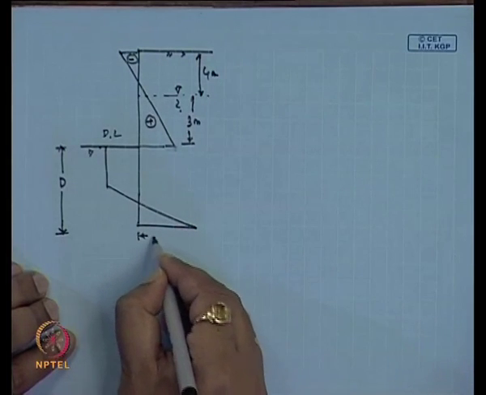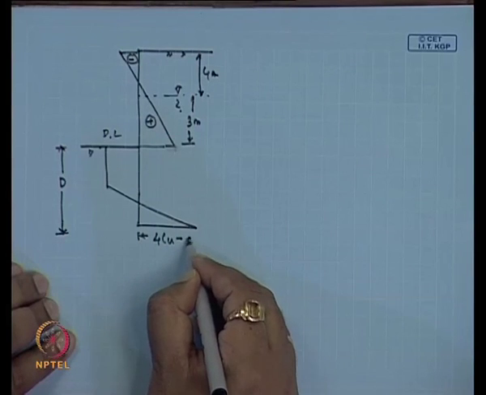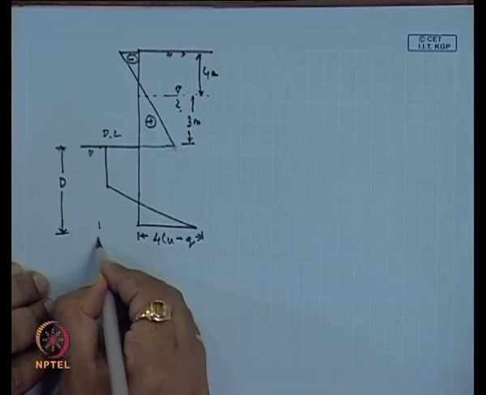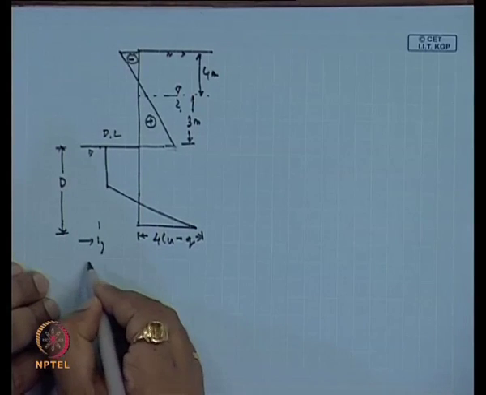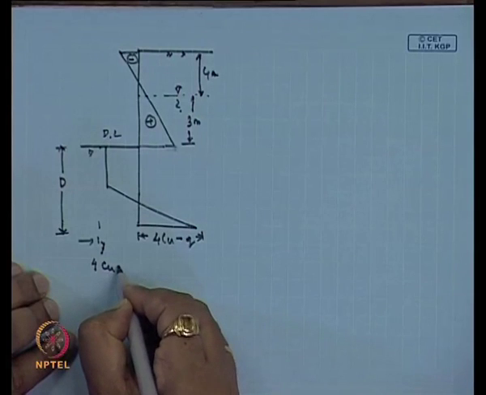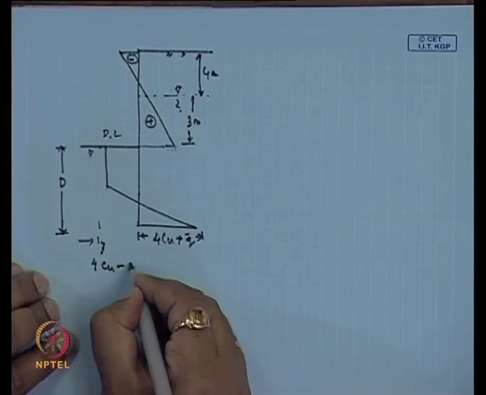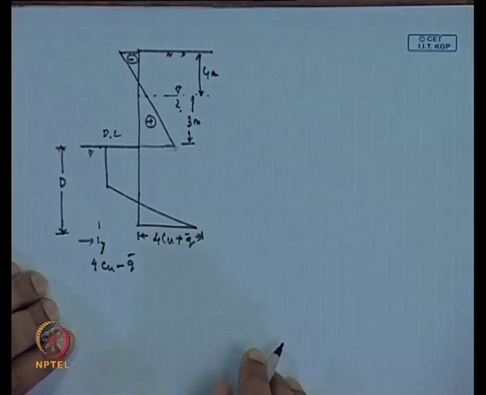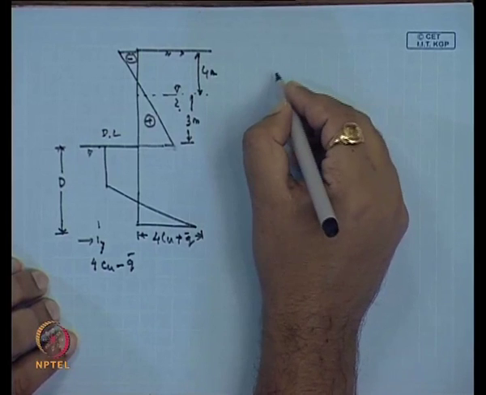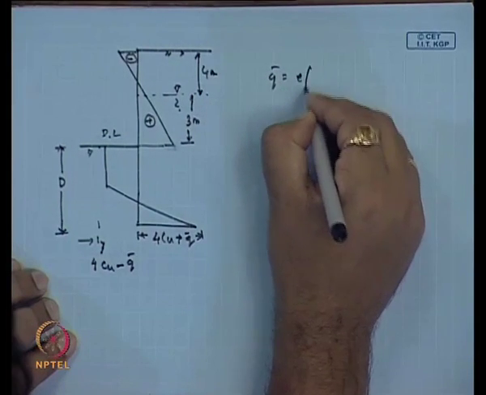Here this value will be 4 Cu minus Q bar, and here this value will be 4 Cu plus Q bar, this is plus Q bar, this is minus Q bar. Now, Cu is the undrained cohesion of the soil, and Q bar is the effective vertical stress at any depth.